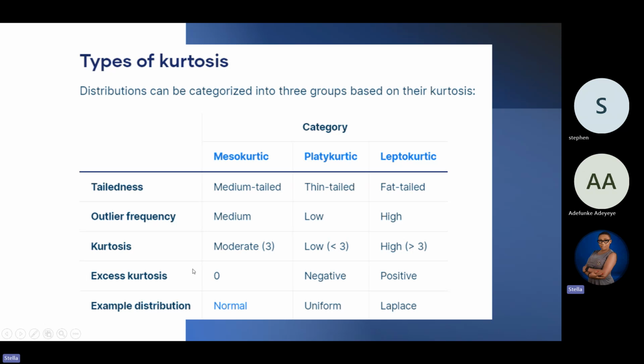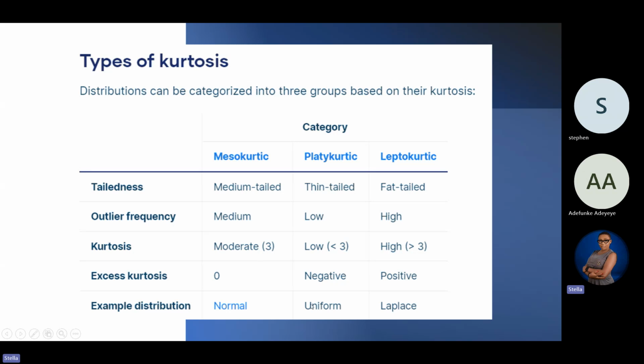So the excess kurtosis here is 0 for mesokurtic, negative for platykurtic, and positive for leptokurtic. We can categorize a mesokurtic distribution as a normal distribution. Platykurtic, we can say, is relatively uniform.